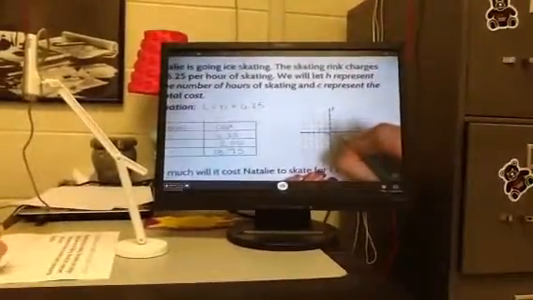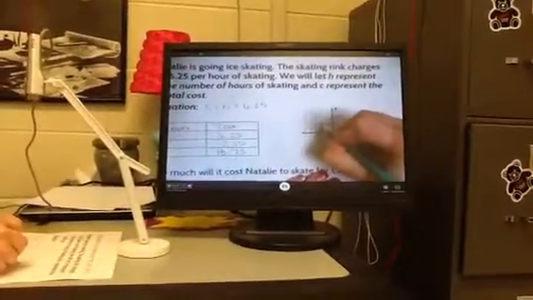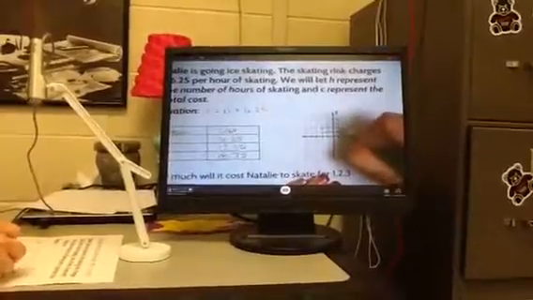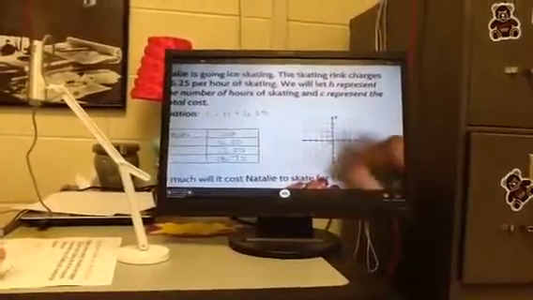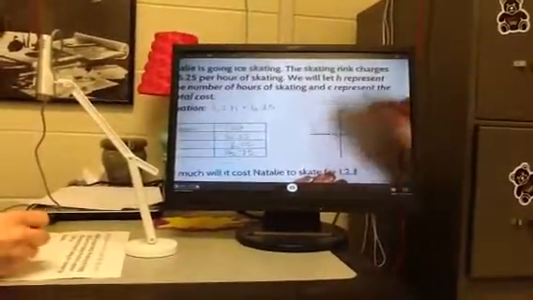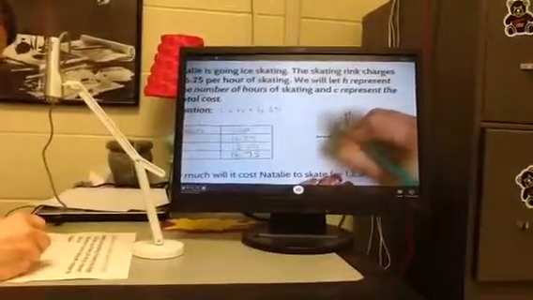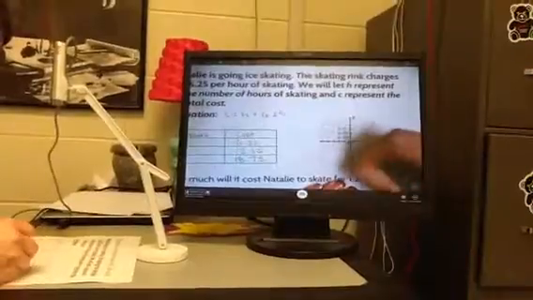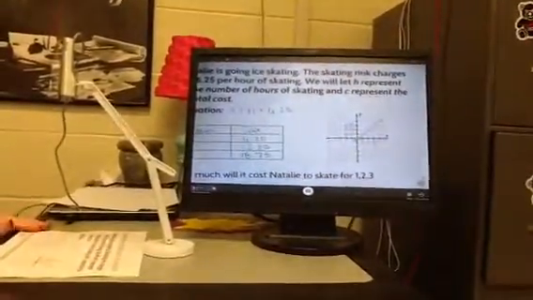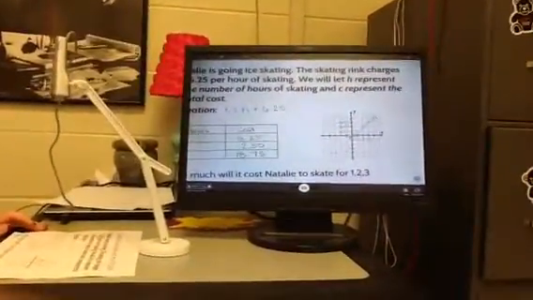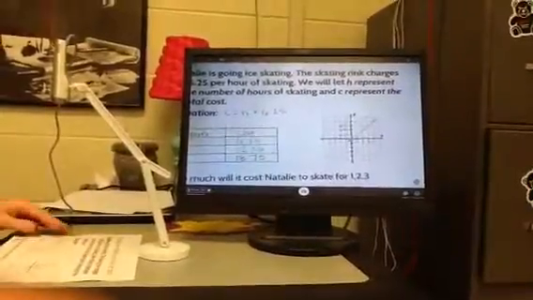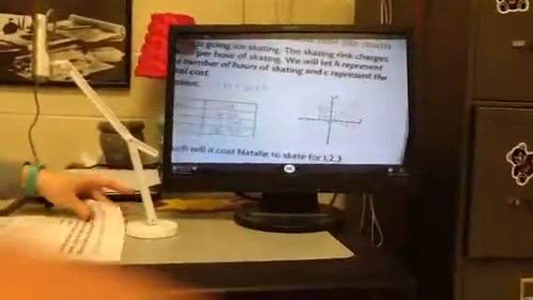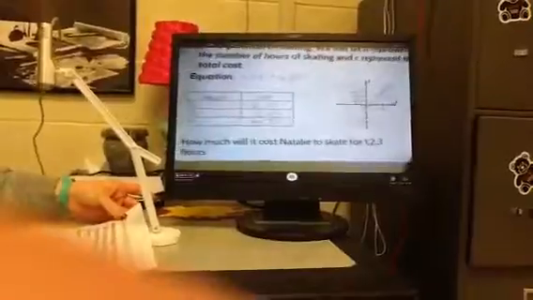Then the 2 and the next one would be the $12.50. And then for 3 hours, we had $18.75. I connect my dots to make a line. And we answered this question at the bottom already by filling in our table.